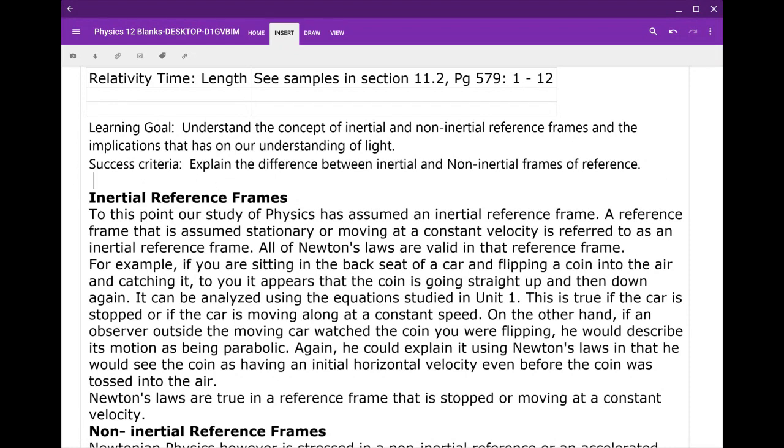All right. So here we've got inertial frames of reference. A frame of reference is basically a point where you're going to be measuring things from, sort of like the location of the guy who's holding the measuring device, more or less, right?